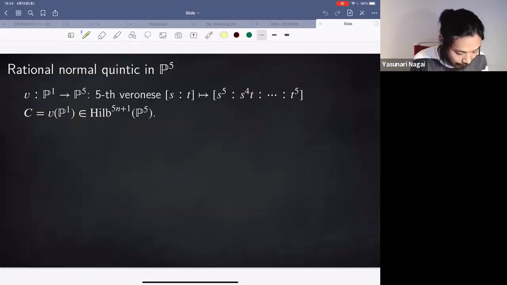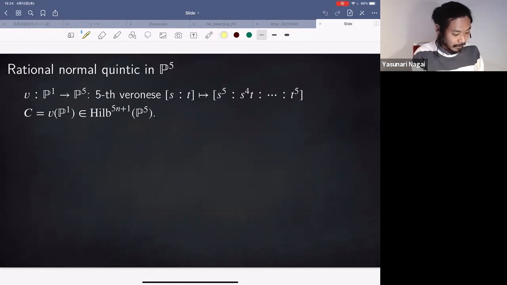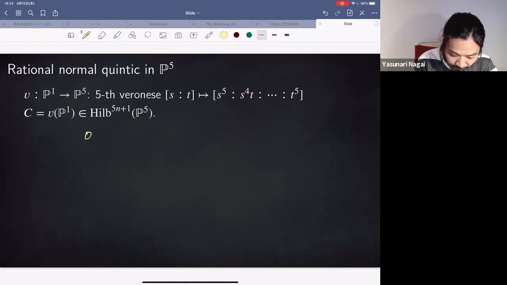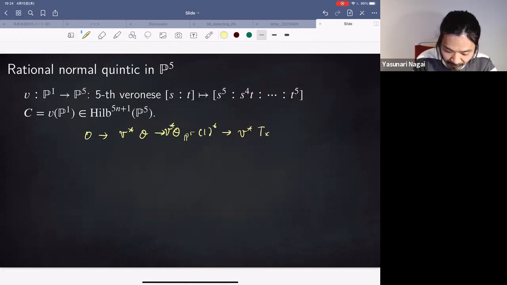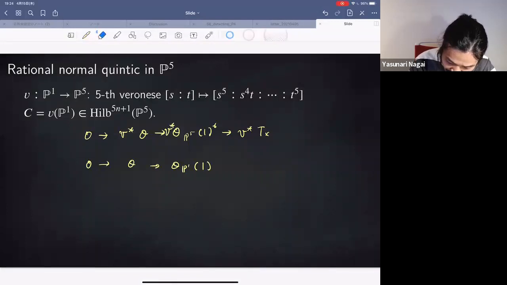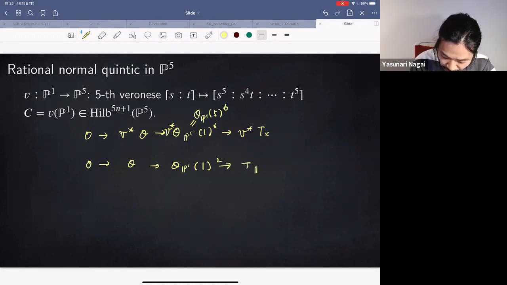Of course, we have the Euler sequence of the ambient P5, and on P1 we have this, where this is on P1, this is O P1 of 5, 6, and T P1.